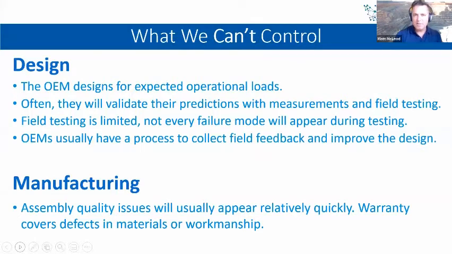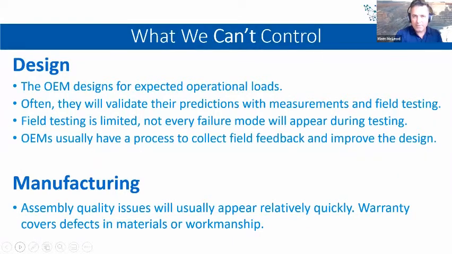So there are some things we can control, and some things we can't control. The things that are out of our control are really the design of that piece of equipment, and the OEM's design for expected operational loads. What they expect and what happens in reality might not be the same thing. They aim to validate those predictions with measurements and field testing, but field testing is limited.